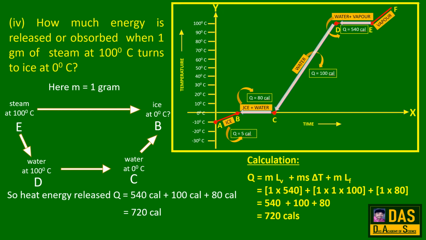So if we substitute all these values in the formula, we get 1 into 540, that is 540, plus 1 into 100, that is 100, plus 1 into 80, that is 80. In total 540 plus 100 plus 80, that is 720 calories.